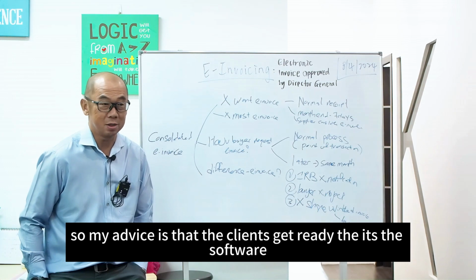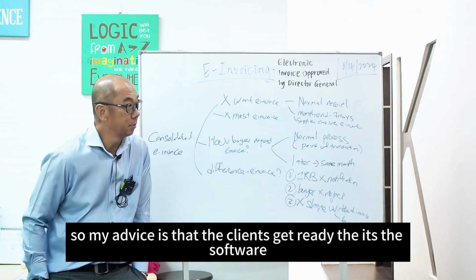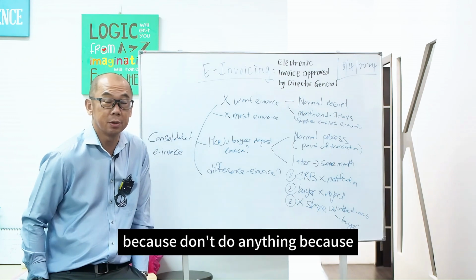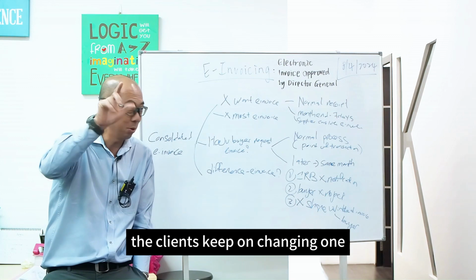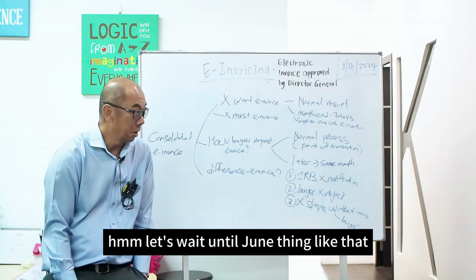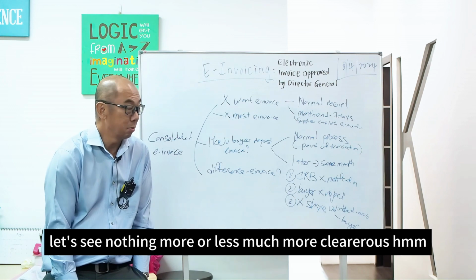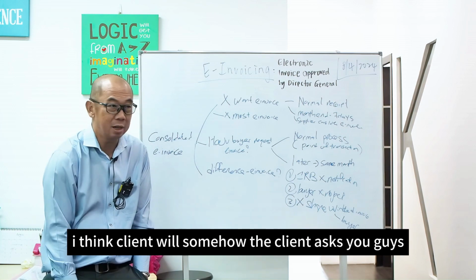So my advice to clients is to get the IT and software ready, but don't do anything drastic because they keep on changing. Let's wait until June or so. Let's see, I think it will be much clearer. I think clients will somehow manage.